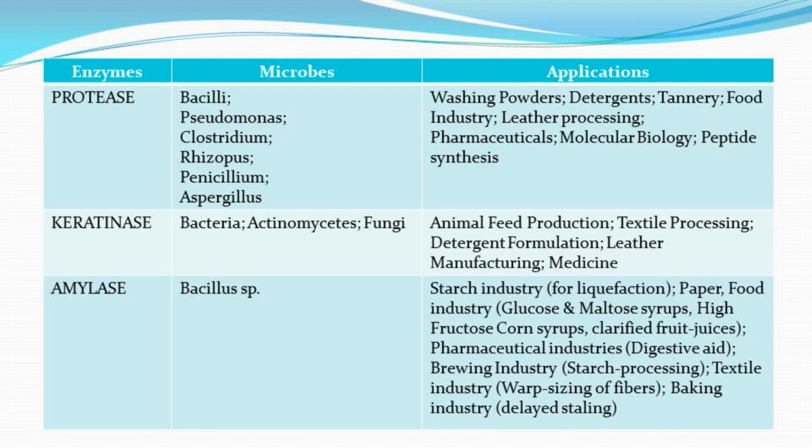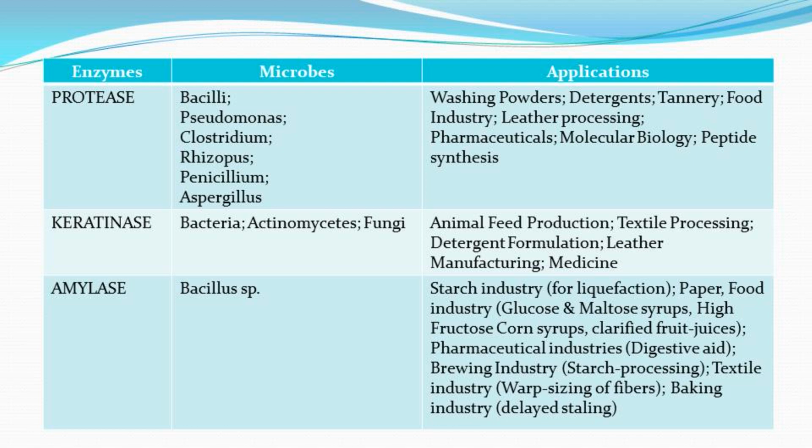Here comes a list of enzymes with their applications. Protease obtained from bacilli, Pseudomonas, Clostridium, Rhizopus, Penicillium, and Aspergillus is used in washing powders, detergents, tannery, food industry, leather processing, pharmaceuticals, molecular biology, and peptide synthesis.